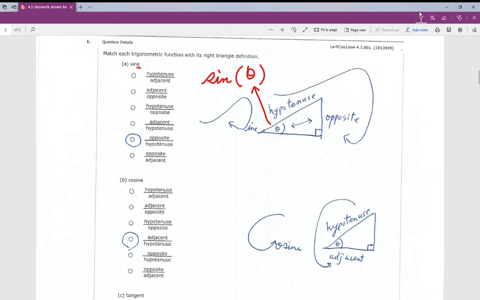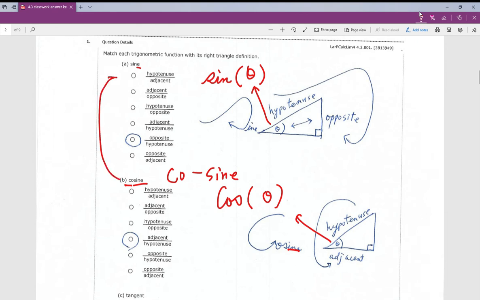Now pay attention to cosine. We don't write the whole word cosine, we just write COS, and the input is the angle theta. Now we pay attention to the names: cosine. Do you see that? So obviously, by the name, these two are cofunctions.